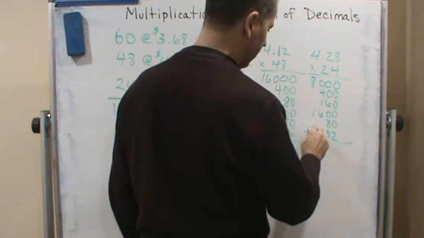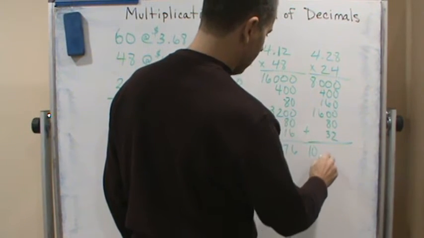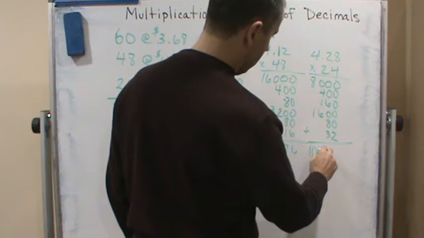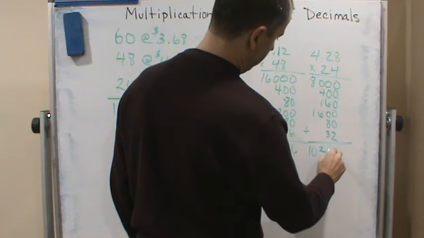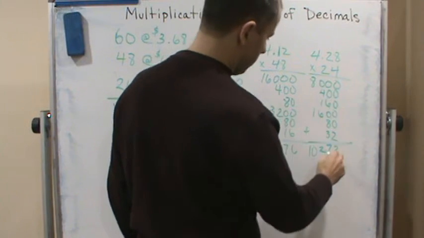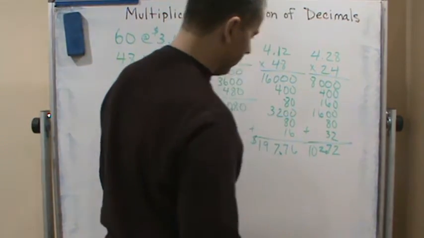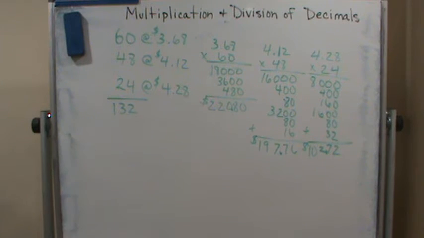And so now I'm going to add. So this is going to give me 102.72, with my decimal point going right there. And so that's my total cost for the third order.